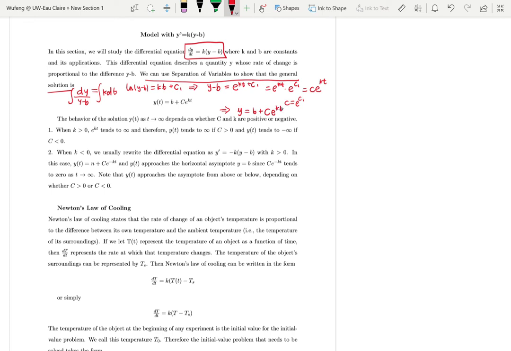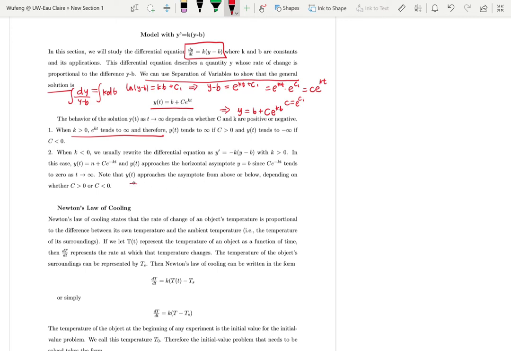Now the behavior of this y of t as t goes to infinity: we can easily tell that if k is positive, e to the infinity power is infinity. When k is positive, e to the kt goes to infinity. When k is negative, e to the kt goes to 0. So e to the kt goes to 0, and y goes to a constant.